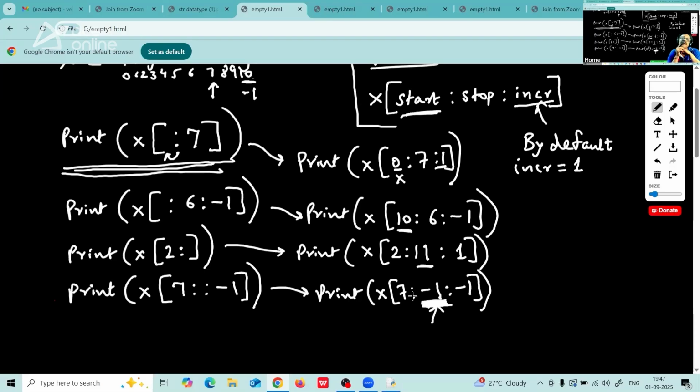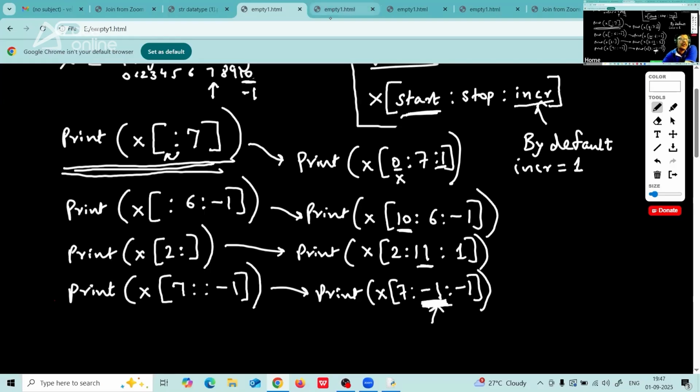I hope you are understanding. There should not be confusion. Don't think of negative index, because we are clearly saying 7 colon -1 colon -1. So it is logical to think 7, then 6, 5, 4, 3, 2, 1, 0. It will stop at 0. -1 is not included.